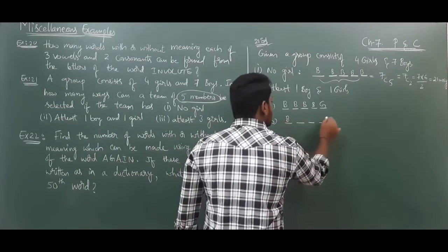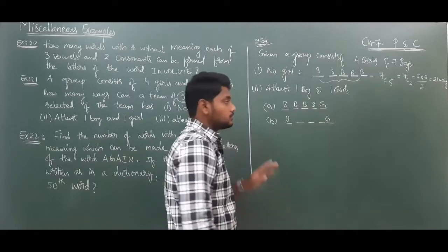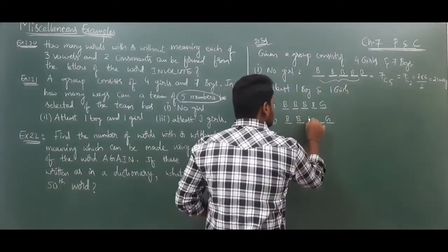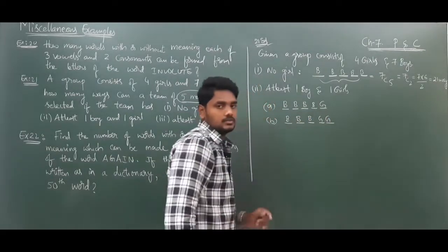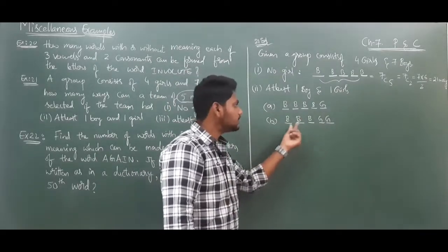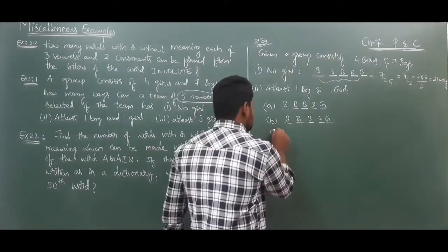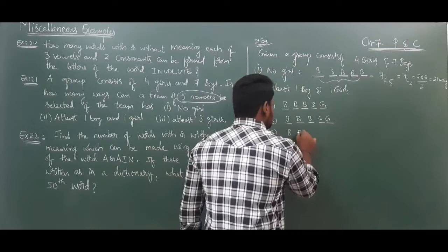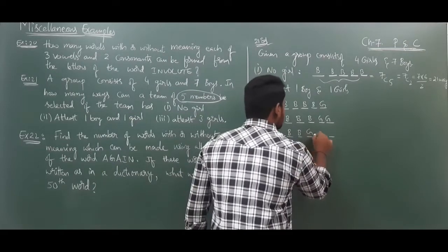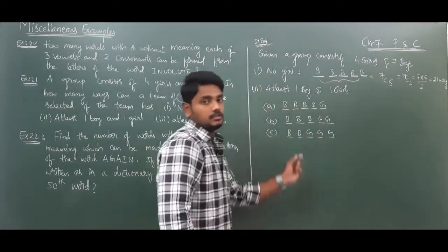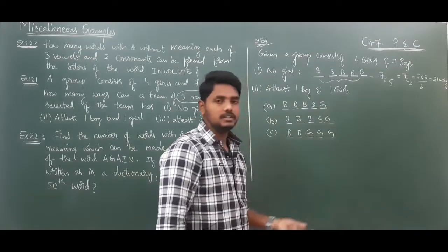Another case with at least 1 boy and 1 girl: I will consider 3 boys and 2 girls. So this is also a case. Next case, 2 boys, 3 girls. In this case also at least 1 boy, 1 girl is there.